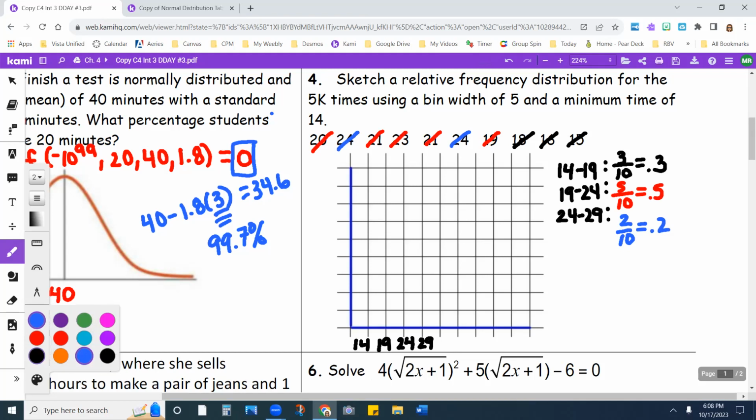So when I'm graphing this, I am going to go 0.1, 0.2, 0.3, 0.4. Let's say this is 0.5. I'm going by 0.1s. So if I'm going from 14 to 19, I'm going to go up to 0.3.